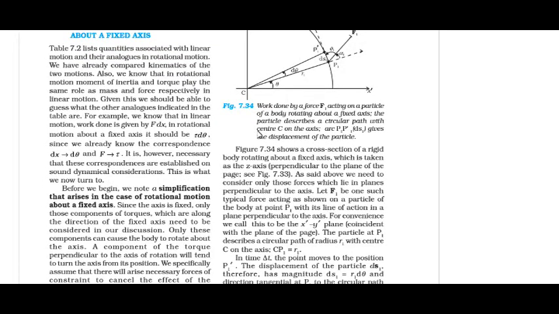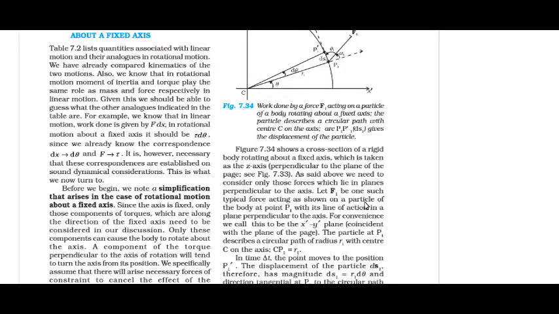Figure 7.34 shows the cross-section of a rigid body rotating about the fixed axis, which is taken as the z-axis perpendicular to the plane of the page. As said above, we need to consider only the forces which lie in planes perpendicular to the axis.